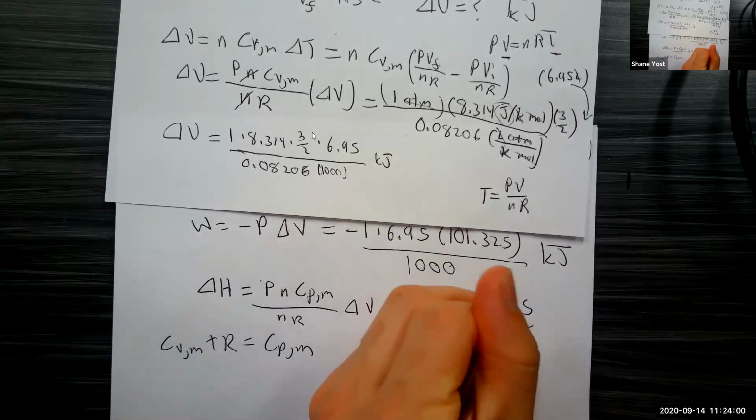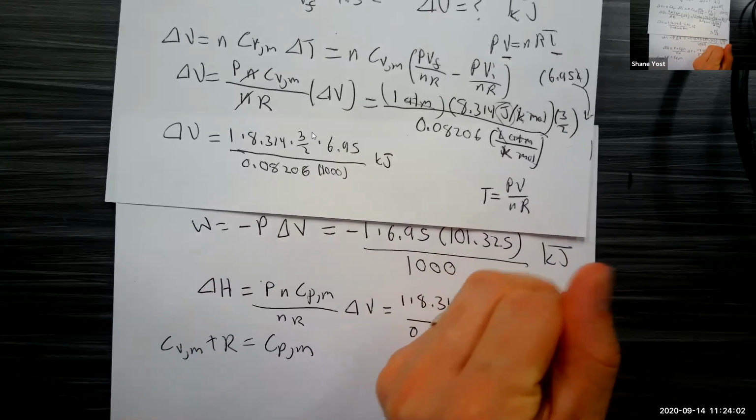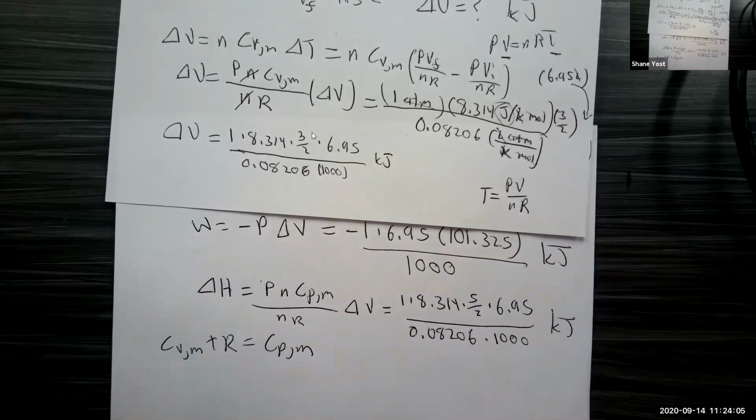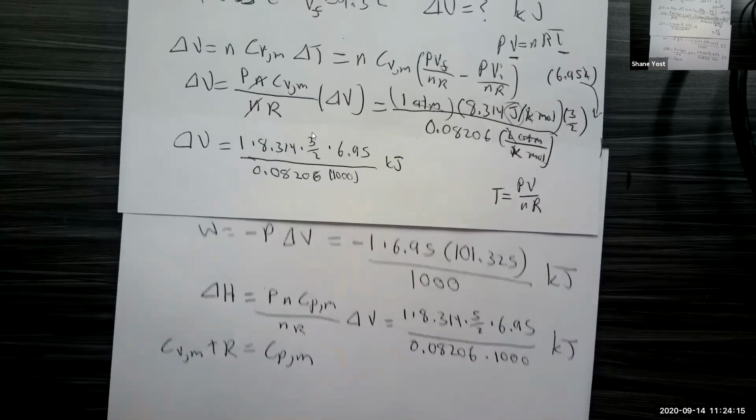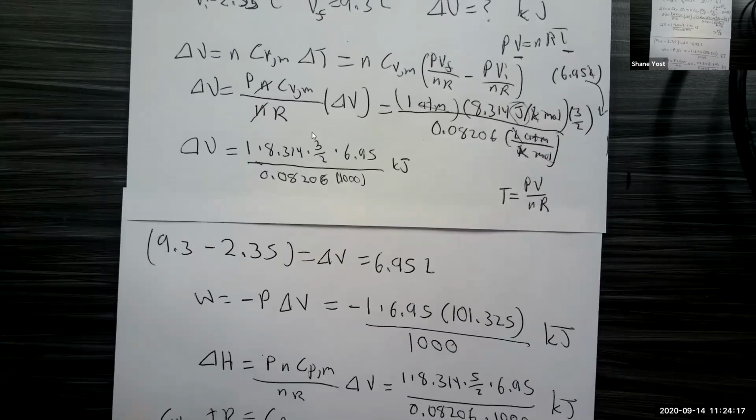And I guess divide by 1,000 here if I want to convert this to kilojoules. So that's how we get delta H, work, and delta U. Questions?